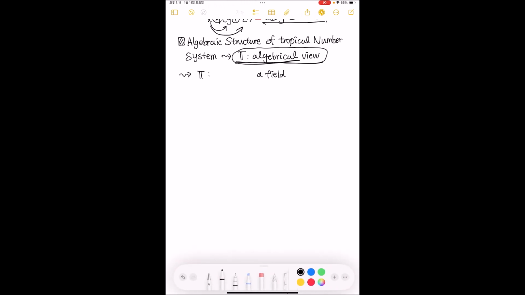But we'll define a special, very special but unfamiliar abstract structure, that is a hyperfield.